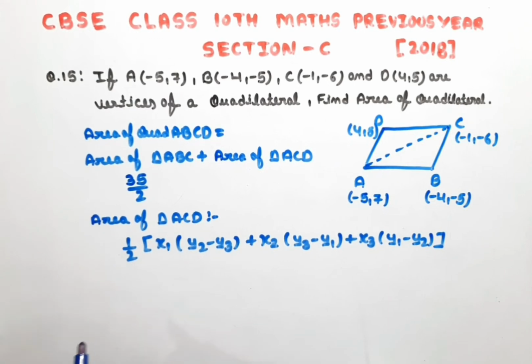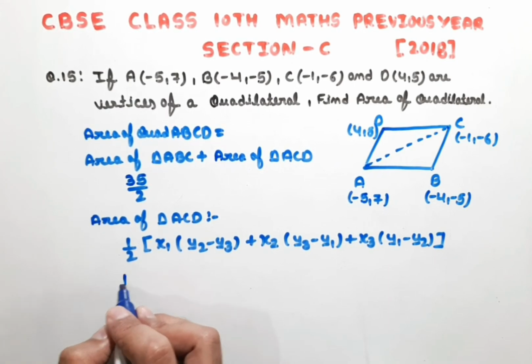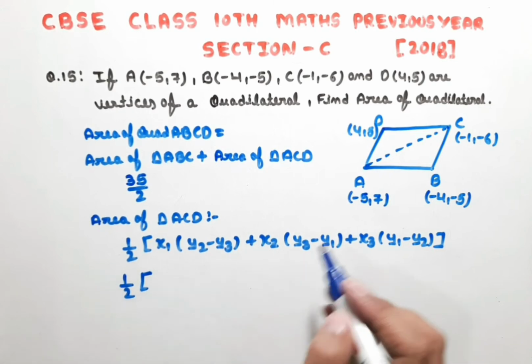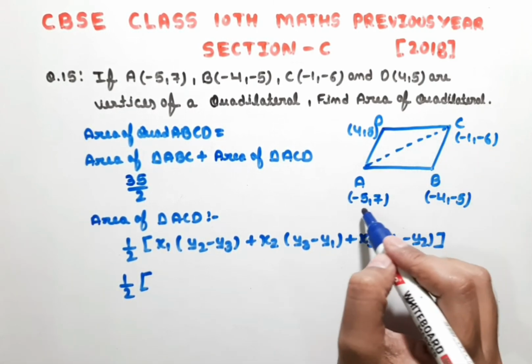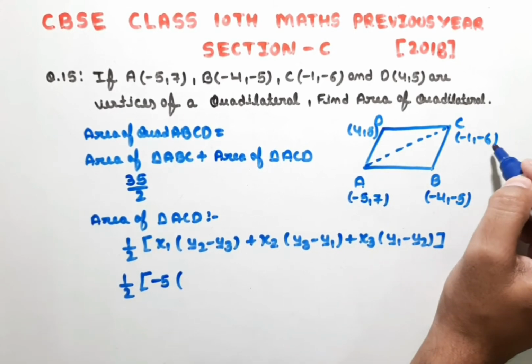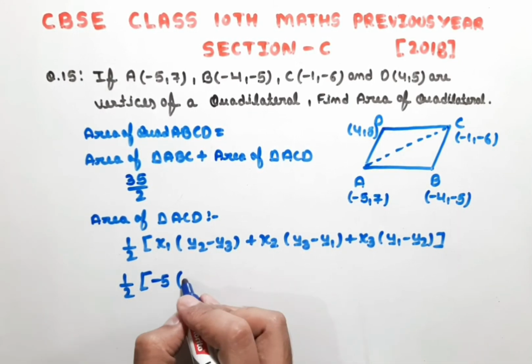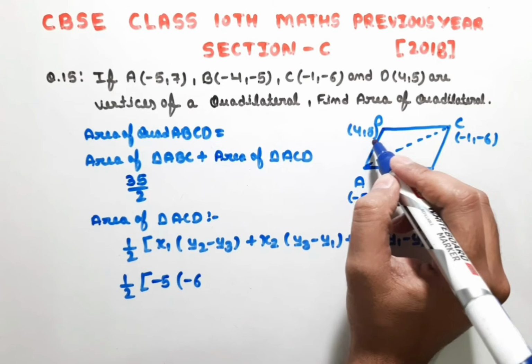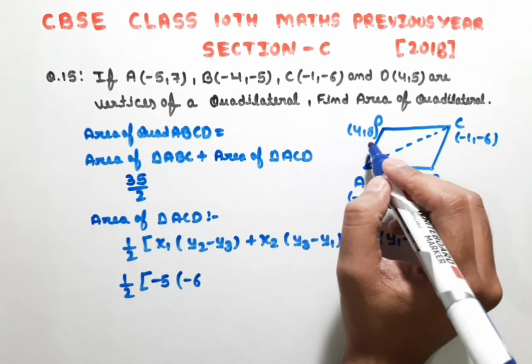Putting values here, 1 upon 2. In the case of triangle ACD, x1 will be minus 5, y2 that is minus 6 and y3 that is equal to 5.